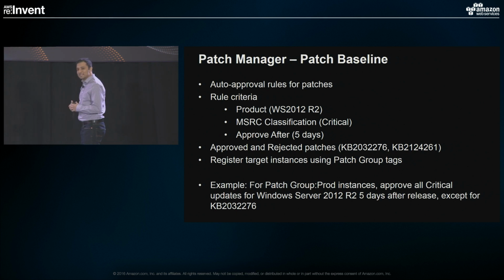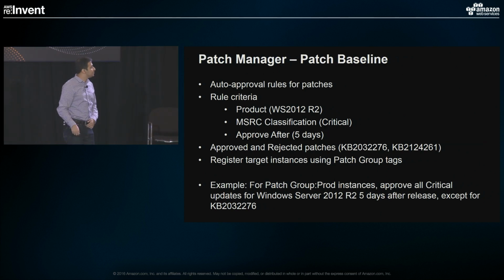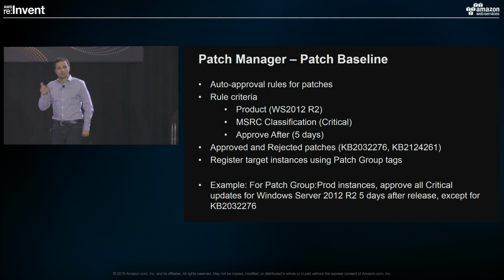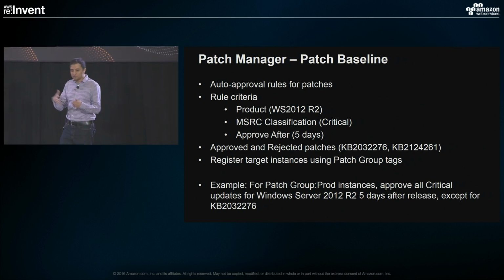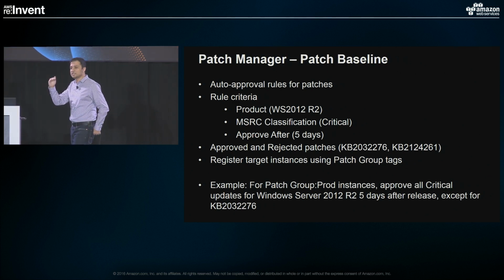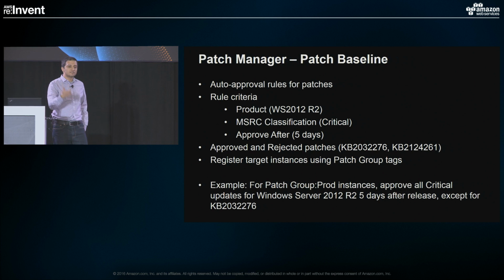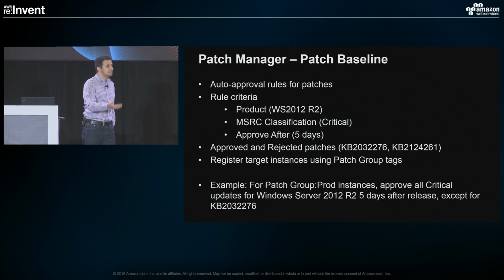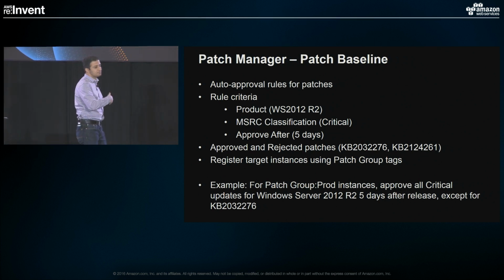And the last thing is that you have to tell us what groups of instances are part of that baseline. The way you do that is something called a patch group. A patch group is simply a tag with the key equals patch group. Using this grouping mechanism, you can prepare your instances, and everything that has a key equals patch group, you can give it a specific value, like my database servers or my web servers or my pre-prod environment.